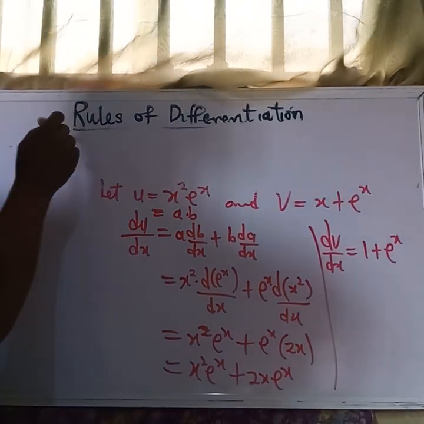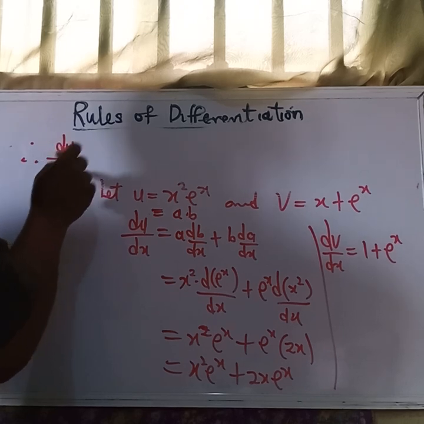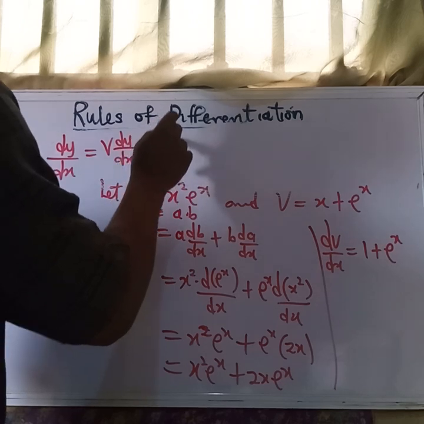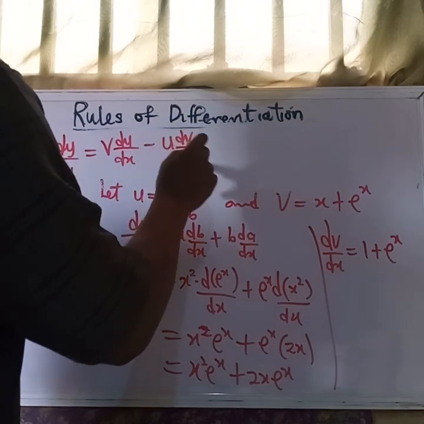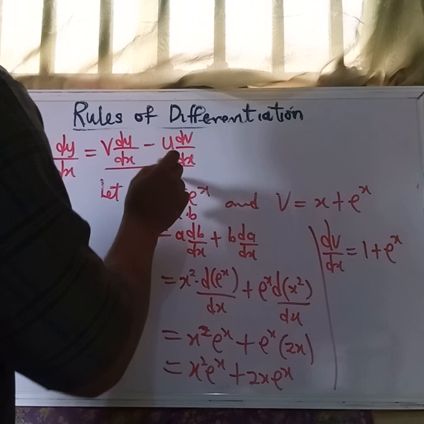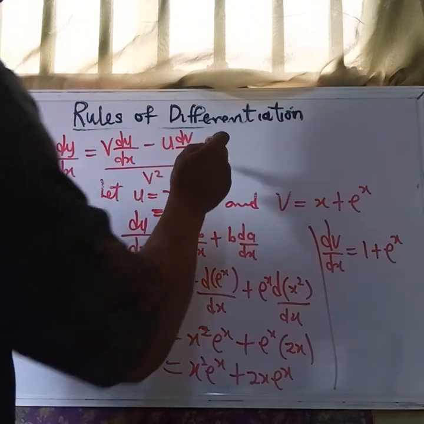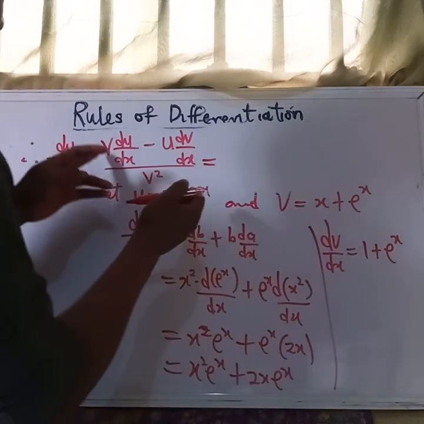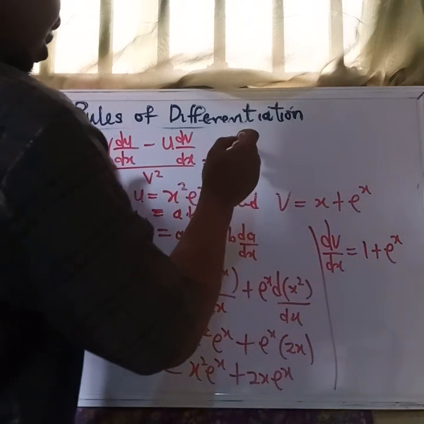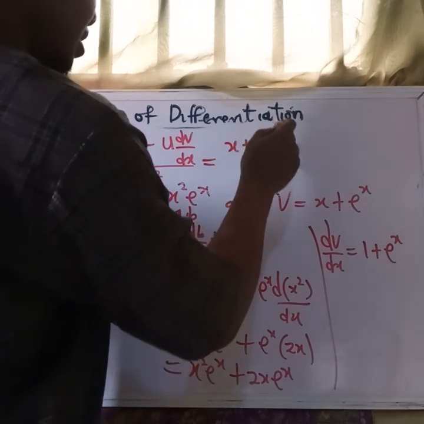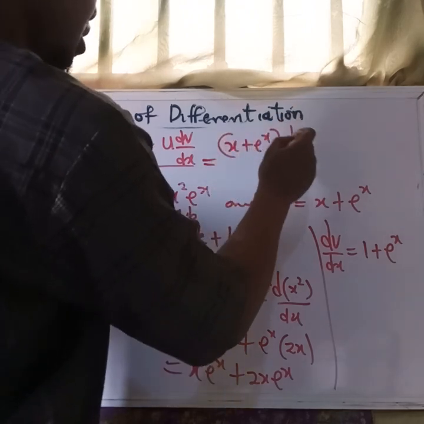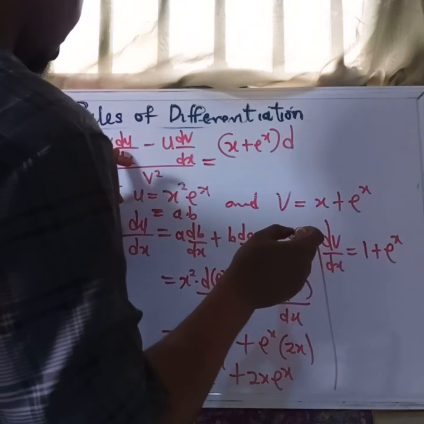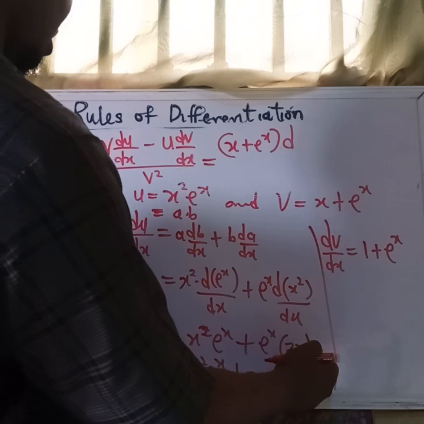So therefore dy dx is equal to v du dx minus u dv dx over v squared. We are retaining this so that we can look at the term to substitute. So this v is given as x plus exponential x, times du dx, which we have done already.